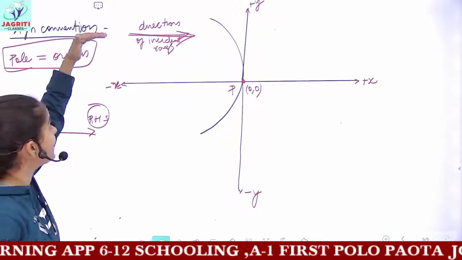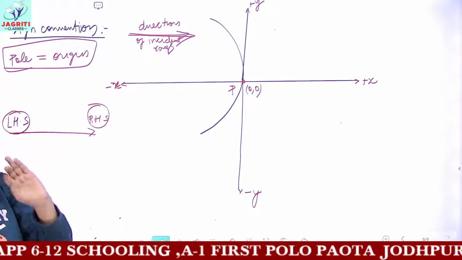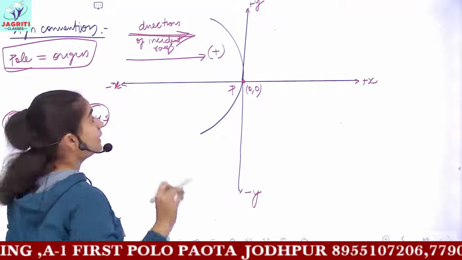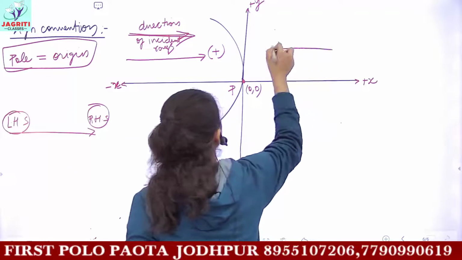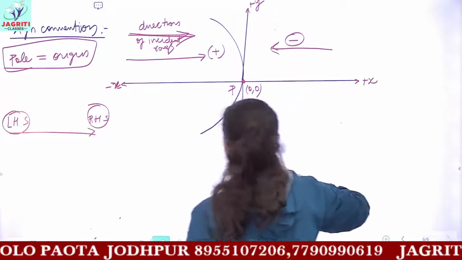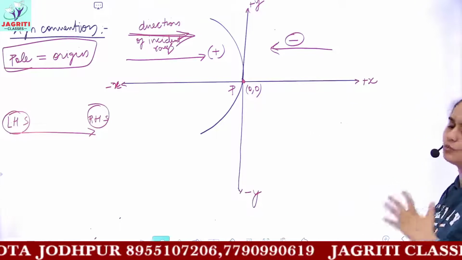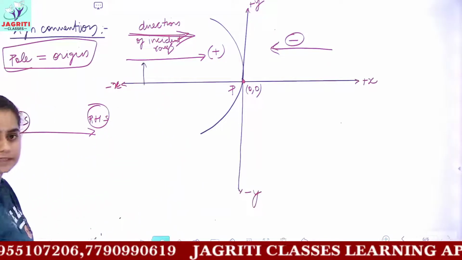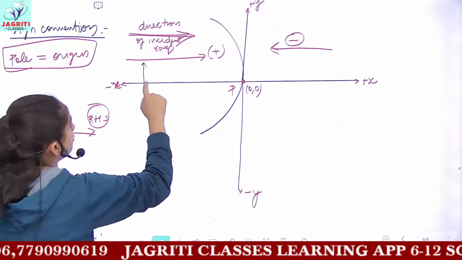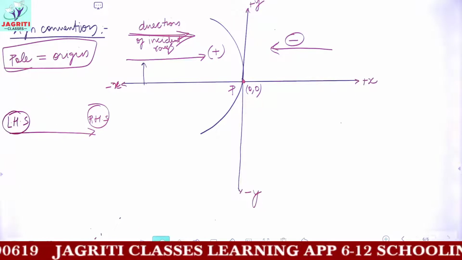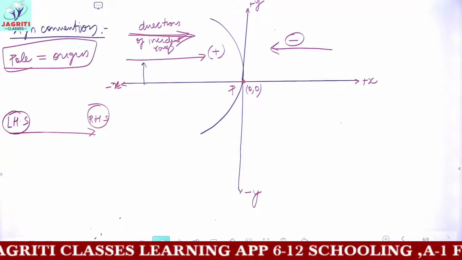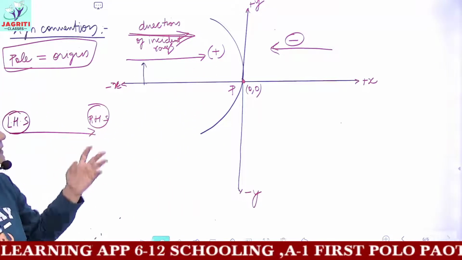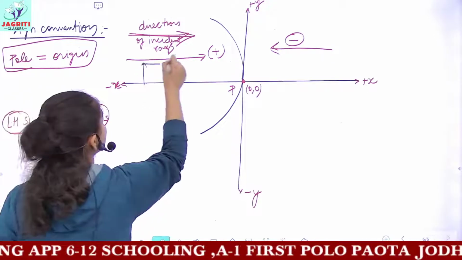So if this is the direction of incident rays, then everything which you measure in this direction would be taken as positive, and everything which you measure in the opposite direction would be considered negative. When we do the questions, you will remember this. Let's suppose this is your object. If I ask the distance of the object from the pole, it can be positive or negative, based on whether it is a concave mirror or a convex mirror.